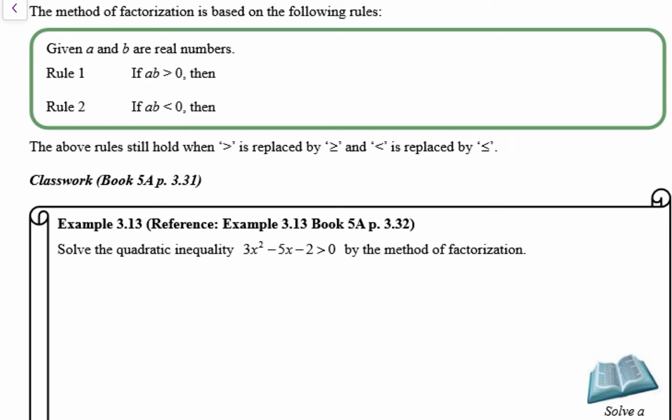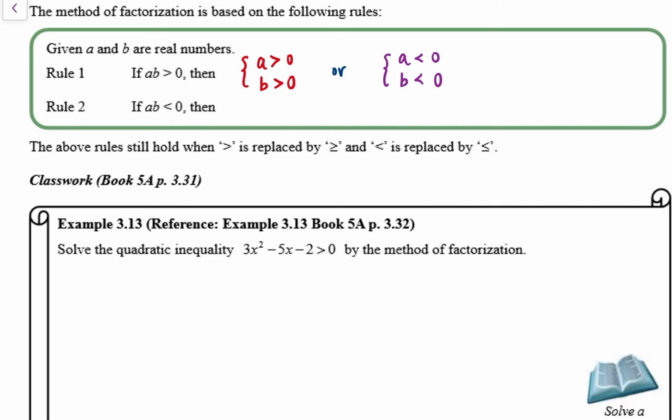If a times b greater than 0, then we have two possible cases. A greater than 0 and b greater than 0, or we have a less than 0 and b less than 0.